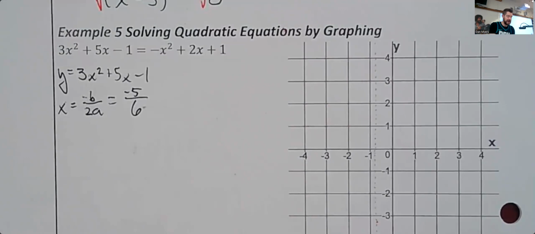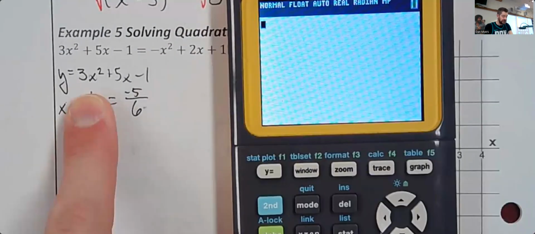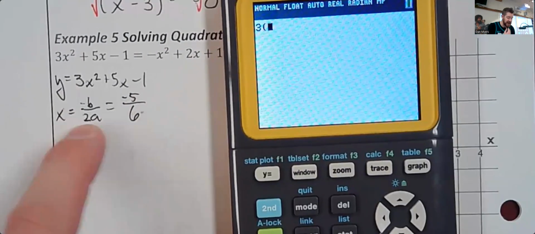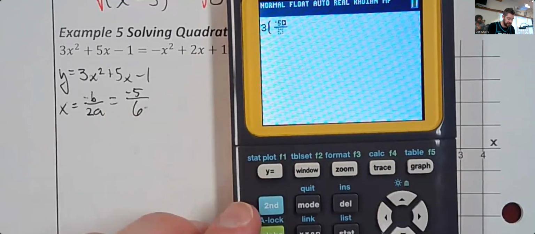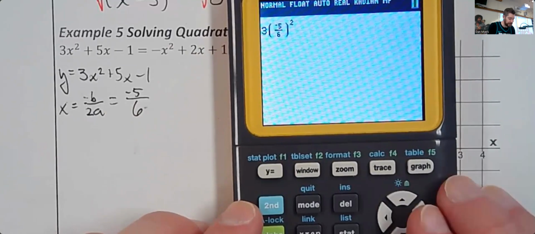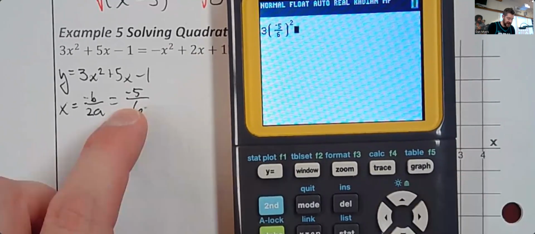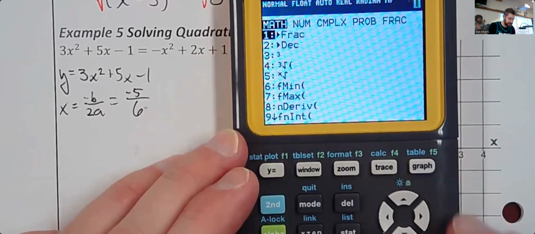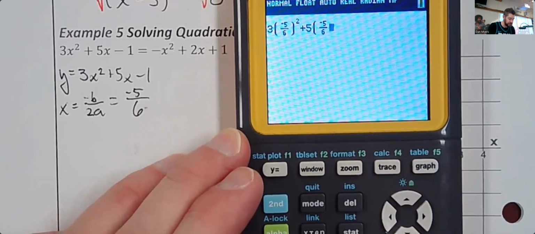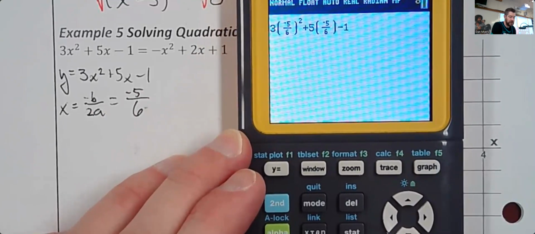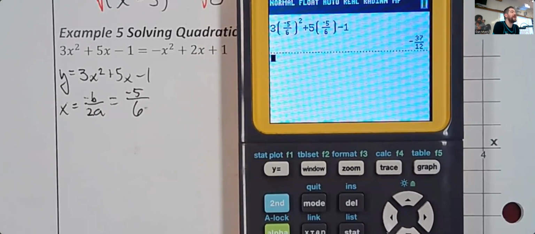So heading on back here, use the equation. So 3 and then parentheses, -5/6 squared, plus 5 times -5/6, minus 1 is -37/12.